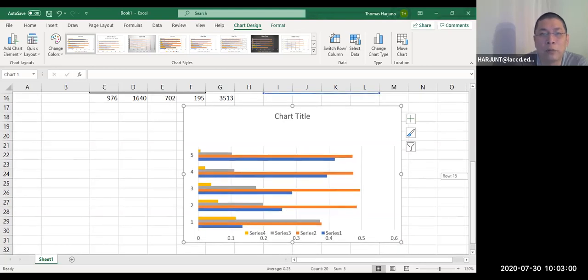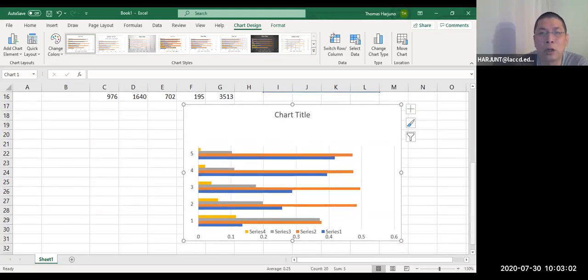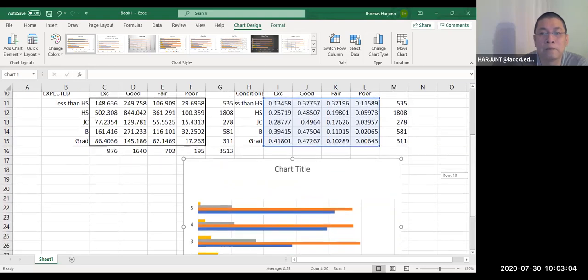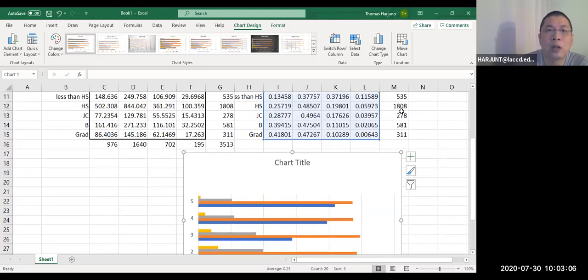And then the 1, 2, 3, 4, 5, I believe refers to the level of education. This is where I will stop my lecture, and I'm pretty much done with the material for this semester that I want to share with you.